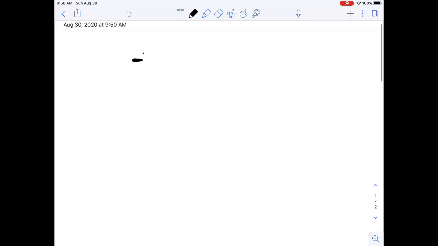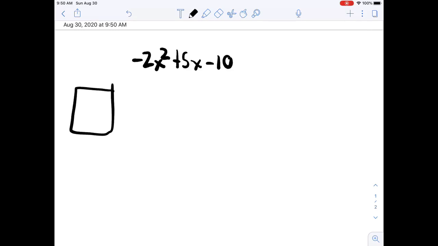So let's say we need to use algebra tiles to model out this expression: negative 2x squared plus 5x minus 10. So negative 2x squared means two big squares that are unshaded because it's negative 2x squared.